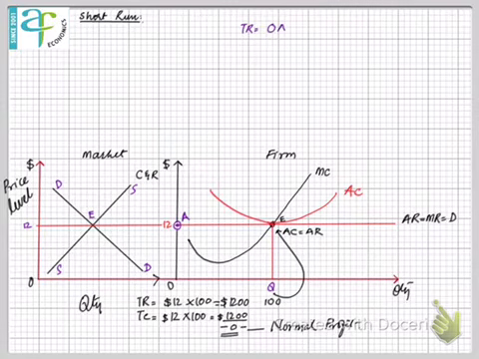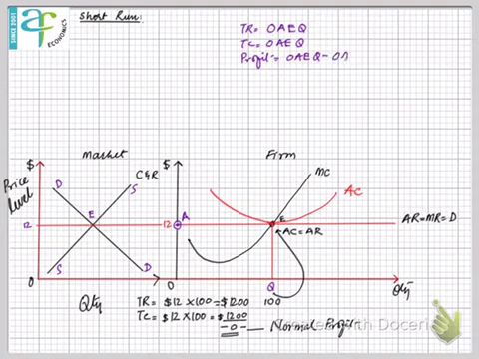Again, in MCQs you may not be provided with numerical values, but you may be provided with some variables. So let's say that 12 is A, and total revenue will be OAEQ, and similarly total cost will also be OAEQ.